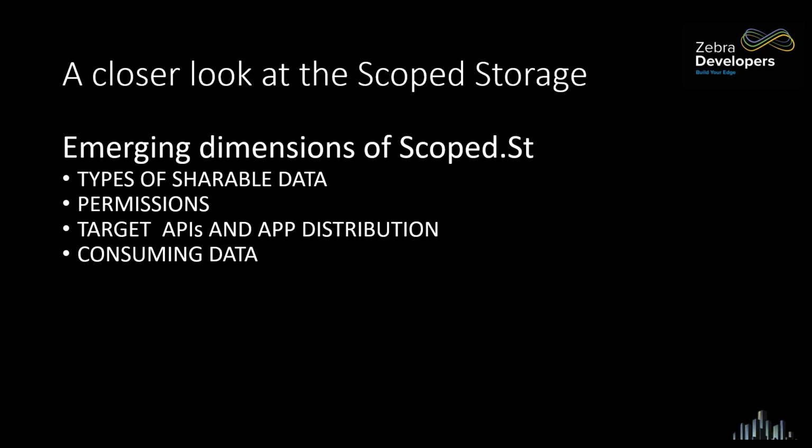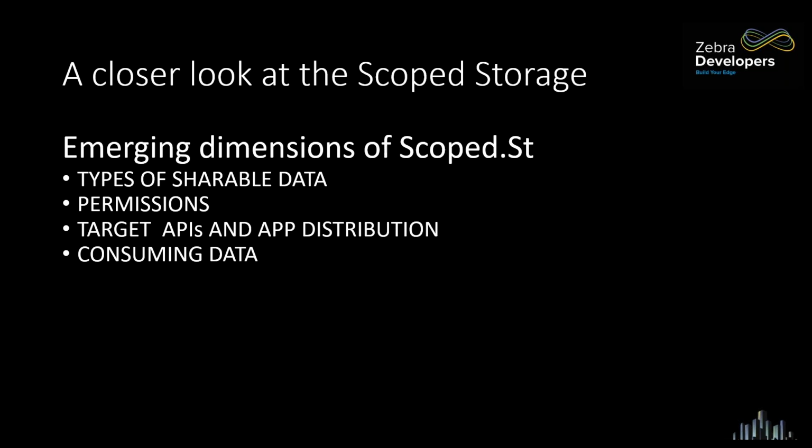So analyzing the documentation, I found that four main dimensions have emerged and need to be addressed when you want to deal with scoped storage and design your application to work well with it. These dimensions are the types of shareable data, so what kind of data are you going to share?